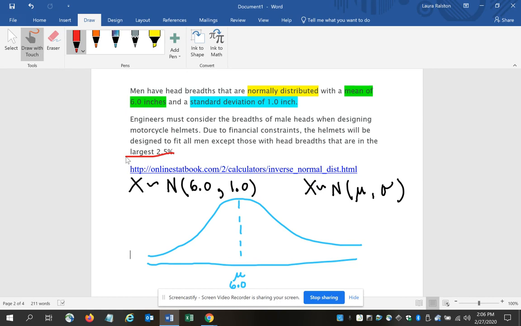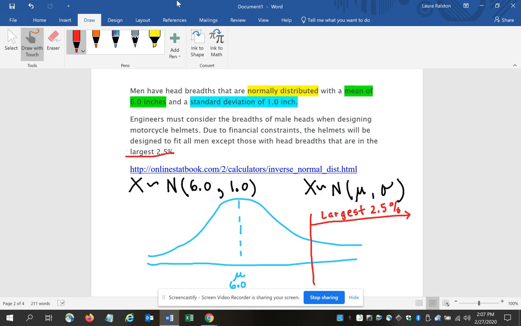Now, I got to think a little bit because it says we're going to exclude men with the largest head breadths of 2.5%. Okay, so if they're largest, I hope that makes sense to you that they're going to be greater than the mean. So somewhere over here to the right of the mean, there is some cutoff score, and we're going to exclude those men who have the largest 2.5%.